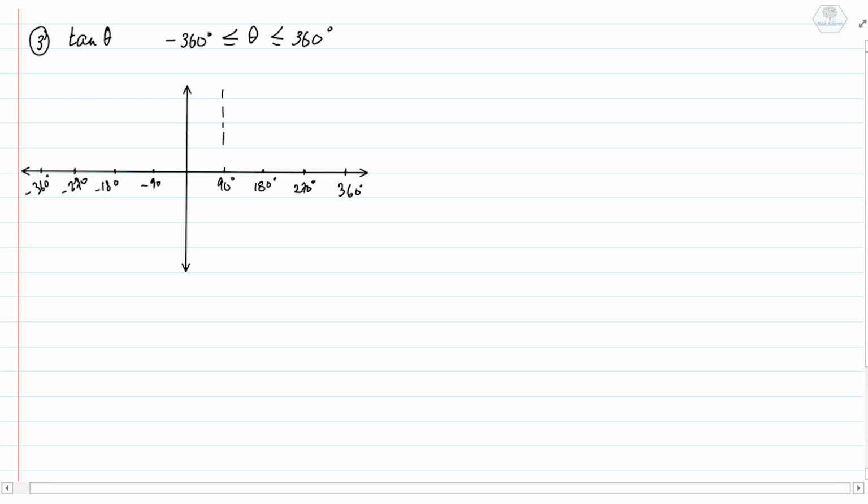For the tan, we have asymptotes, which means that tan of 90 has no value.